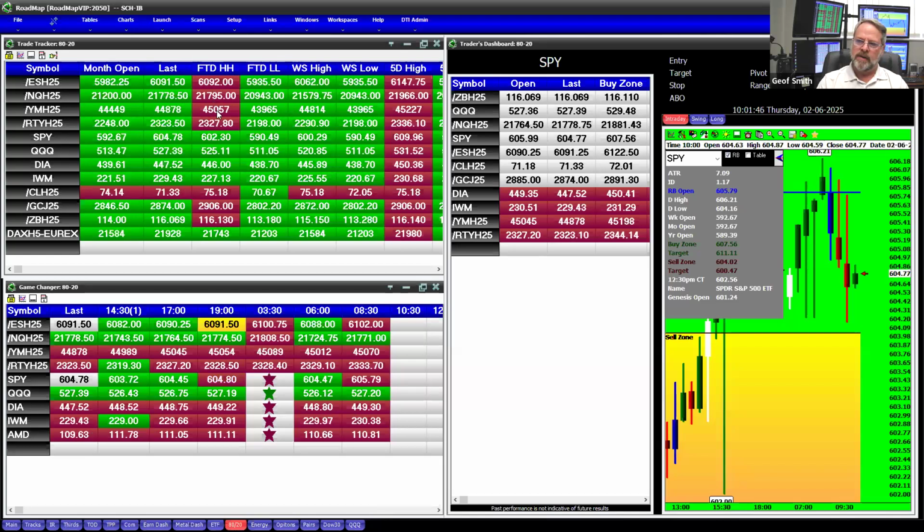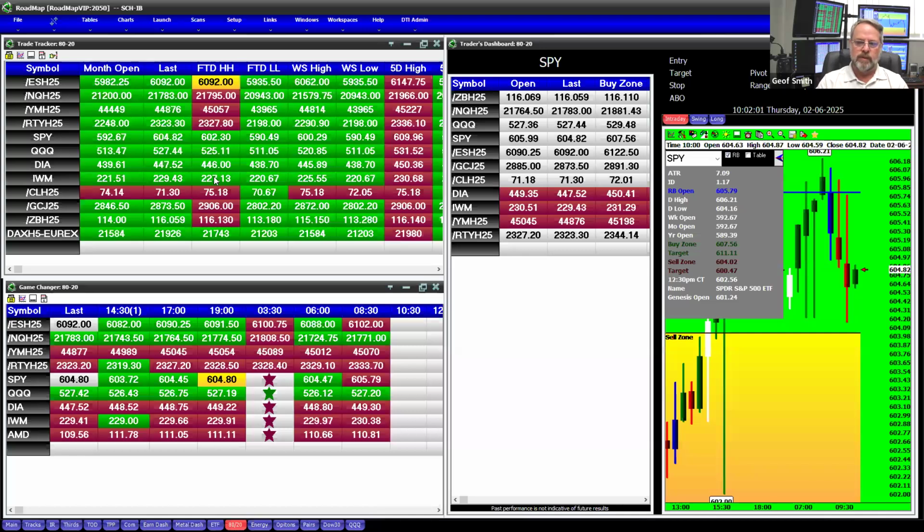You'll notice right here, it's red on the futures, but it's actually green below it on the indexes or the ETFs. The only reason for that, if you're not real familiar with futures, is that if you look at our first trading day of the month, which was basically Monday, futures actually open up on Sunday night.